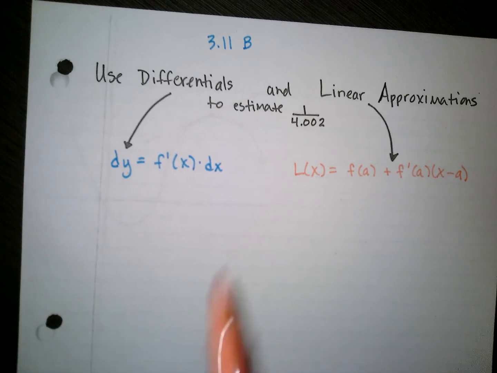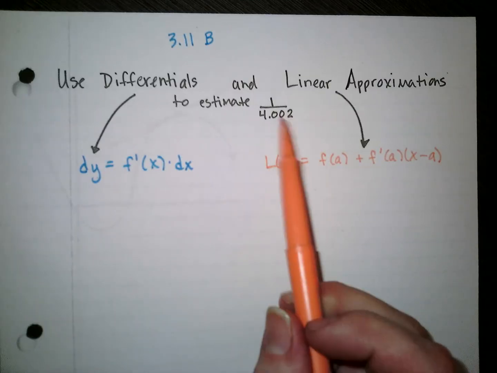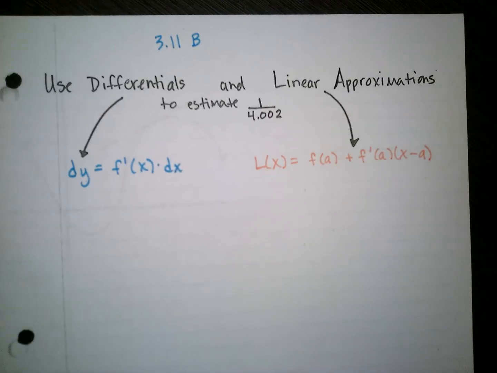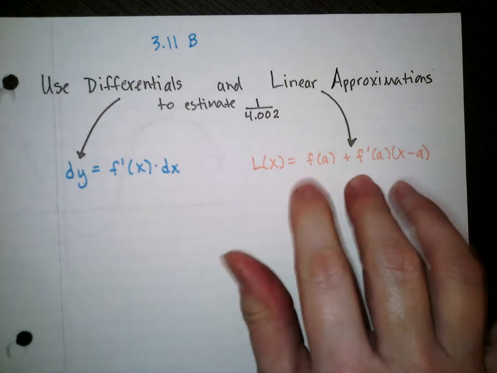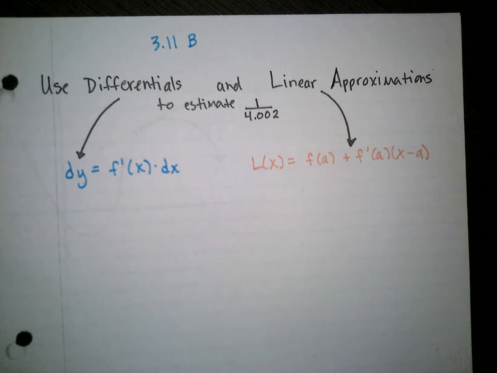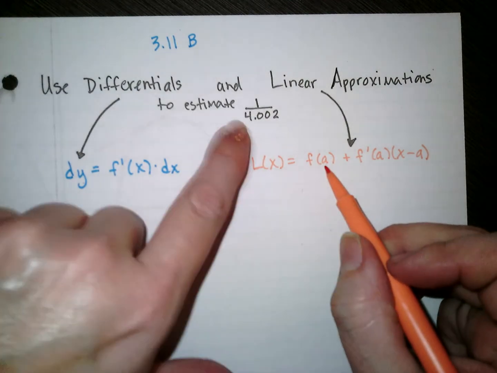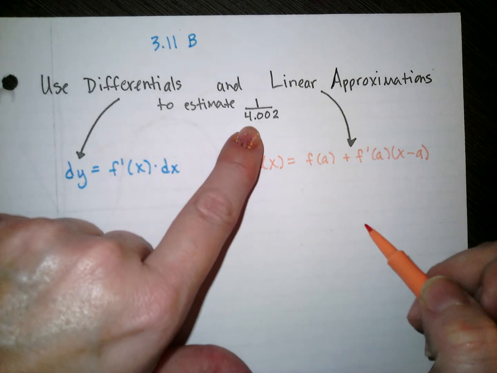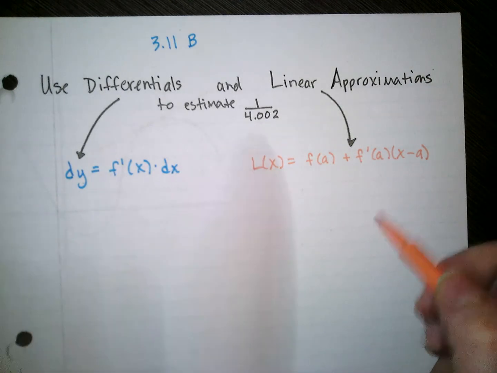So in our problem, 1 over 4.002, let's start with the linear approximations stuff and go from there. What we would need to do is think about a function that we could use to model 1 over 4.002.